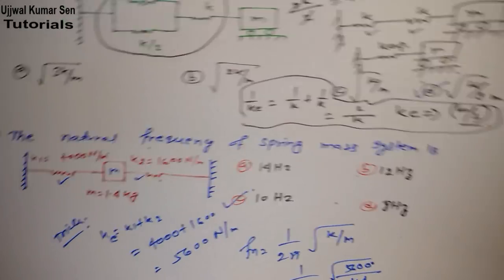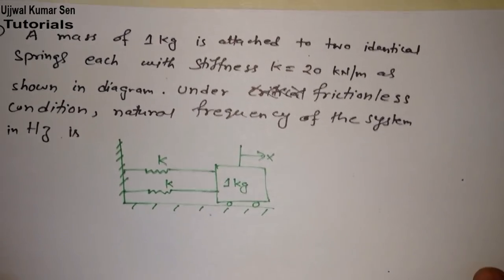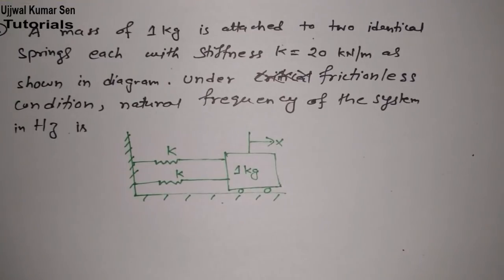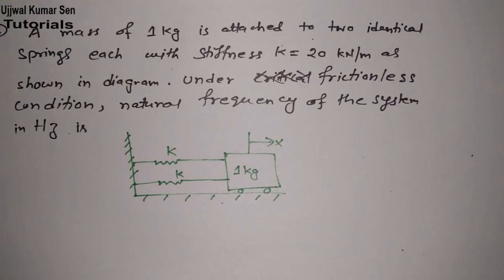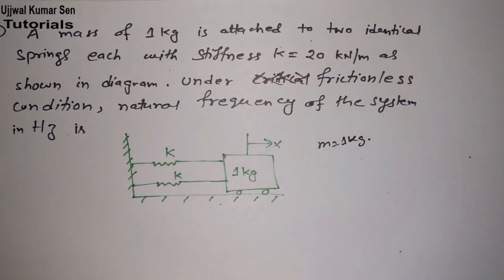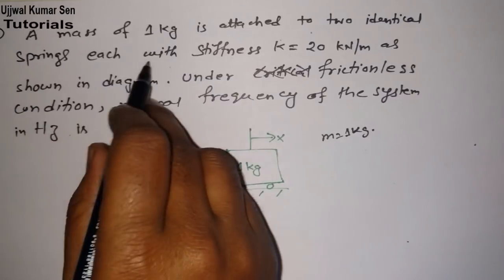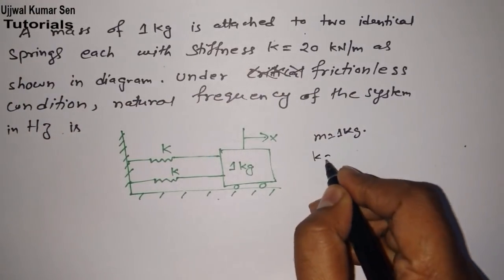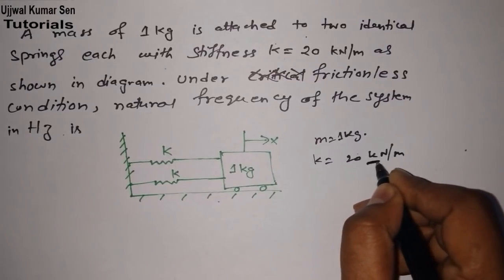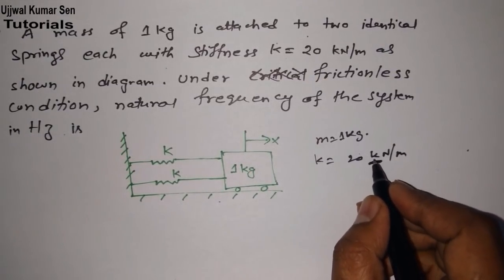Now we'll move to the next question, which is given here only, and this is also a simple question, but yes, you need to know how to solve it. In this question, a mass of 1 kg, so m is equal to 1 kg, is attached to identical springs of stiffness k. K is equal to 20 kilonewton per meter. Don't forget to keep this kilo in your mind.